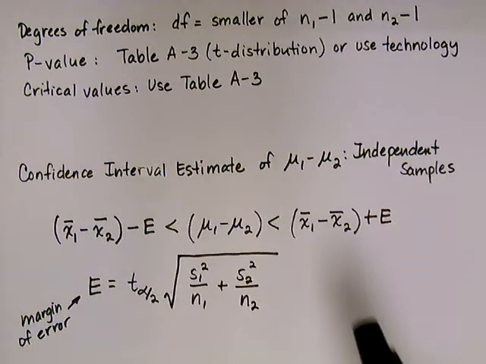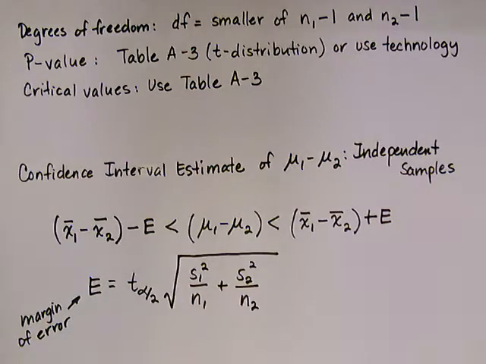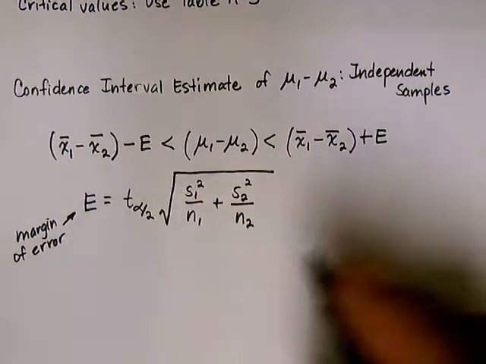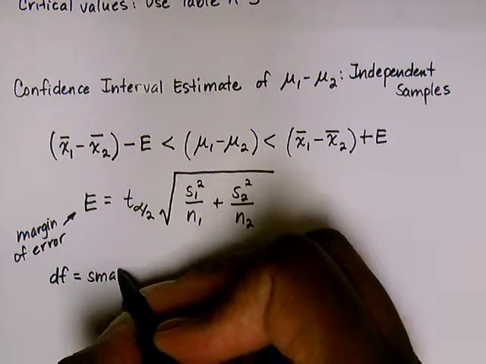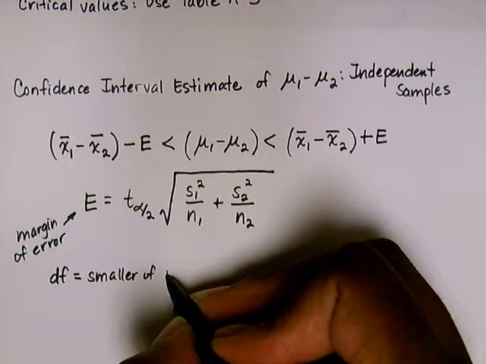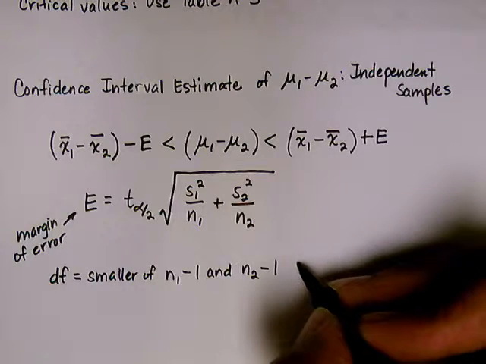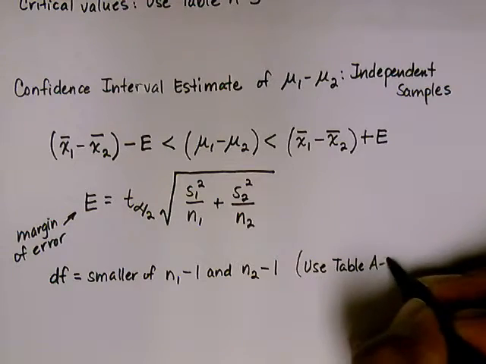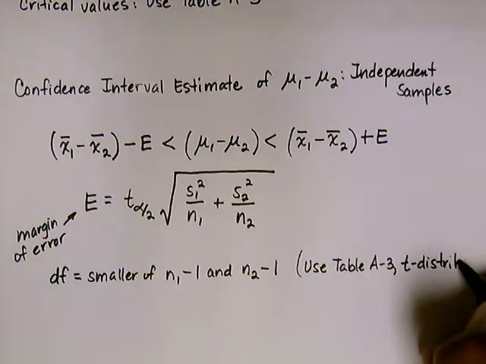And again, you'll be given the sample standard deviation for both samples, the sample size for both samples. T of alpha over 2, you have to use table A-3. Okay, so here, this is where your degrees of freedom, as I mentioned earlier, is the smaller of n1 minus 1 and n2 minus 1. And you'll use table A-3 as I mentioned, which is of course the t distribution.